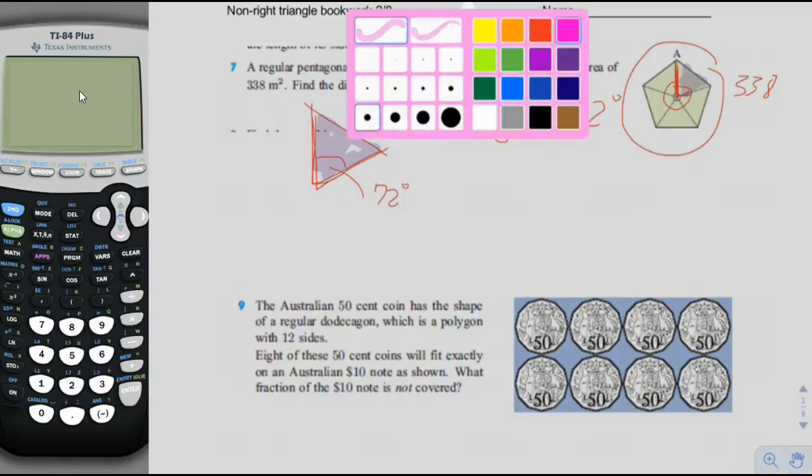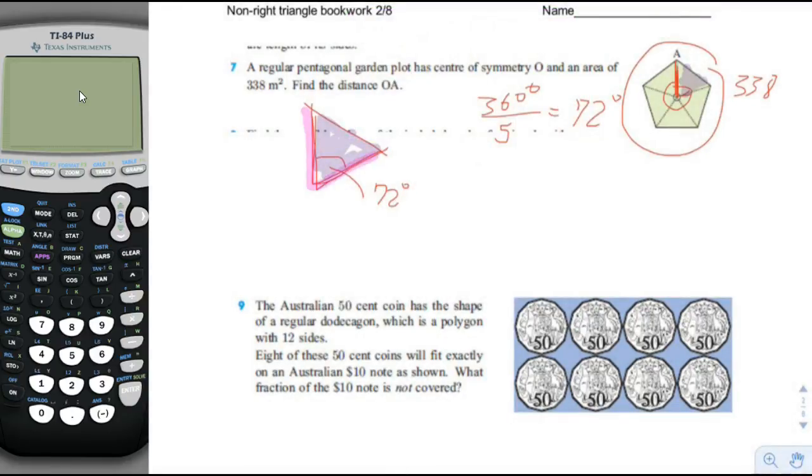Okay, now we just need to say that each one of these pink sides is, let's call it, distance OA. So we have 1/2 times distance OA times distance OA times the sine of 72 degrees. And we know that the answer to this multiplication is going to be 338 meters squared. So now you can just use algebra, right?